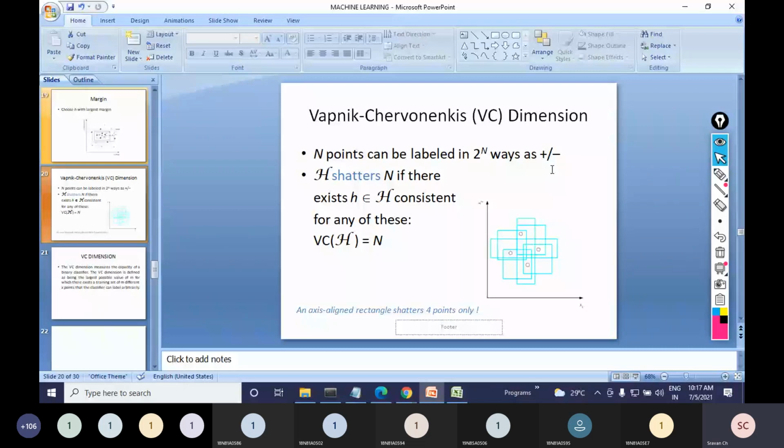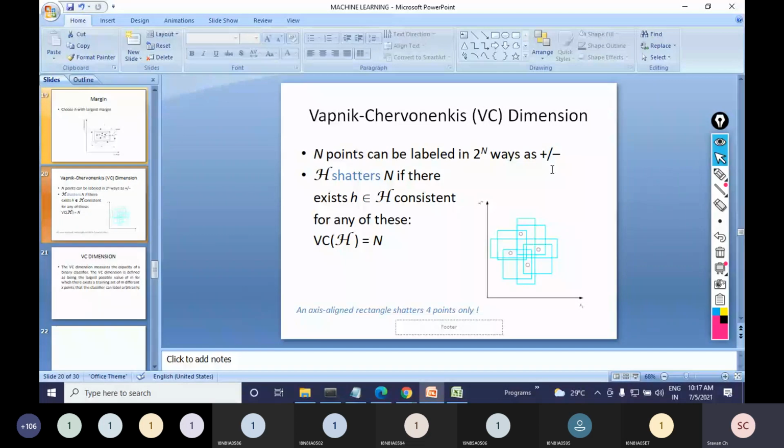That means whether I should go for a linear classifier, or whether I should go for a naive Bayes classifier, or shall I go for a multi-layered perceptron? So what kind of classifier should I use? That I will come to know by using VC dimension. This definition which you are seeing on the screen is a little complicated.